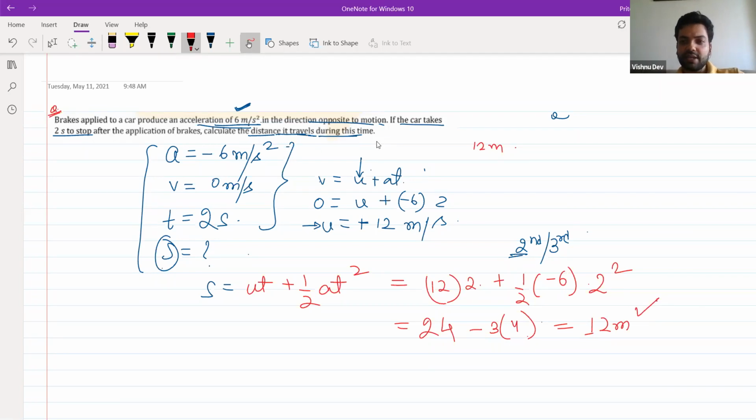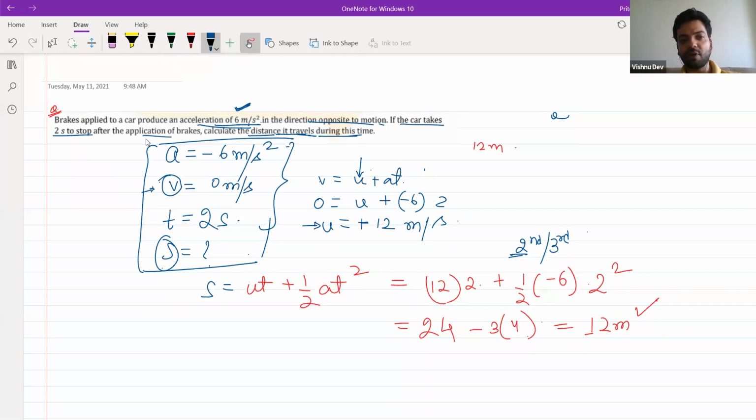So here you can see, I think one of your doubts was that you were getting V here and you were asking to replace it with U so that you could use any equation of motion, right? But we cannot do that. You can see what I have done. In the information, it is clearly mentioned that this is the final velocity.